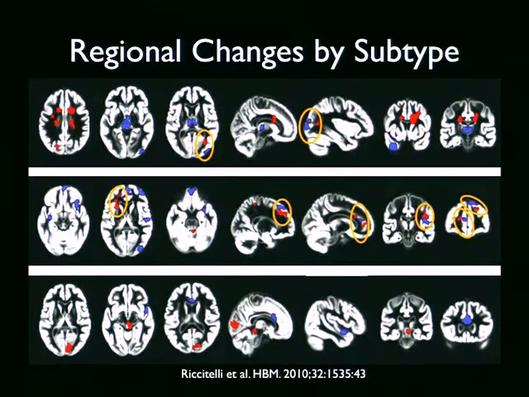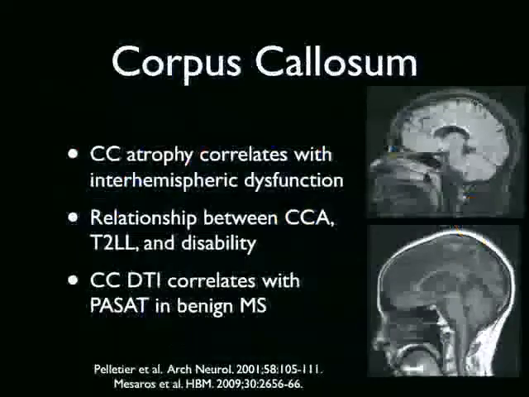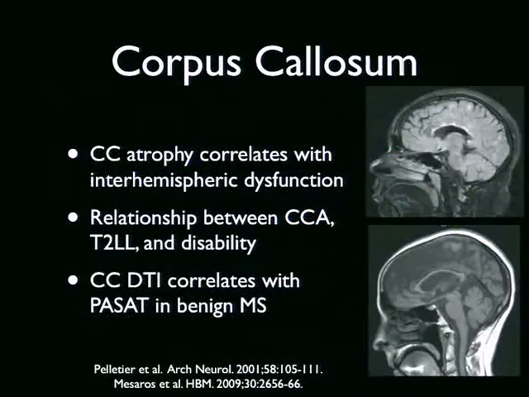What they found was there were differences in the white matter in red and the gray matter in blue in specific areas that were regionally close to each other in relapsing remitting patients and secondary progressive patients, but they didn't see the same correlation between white matter and gray matter changes in patients with primary progressive MS.